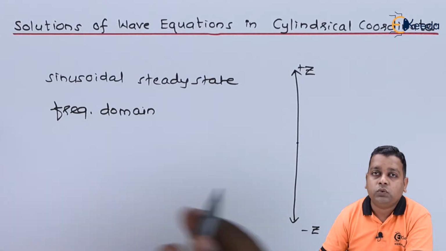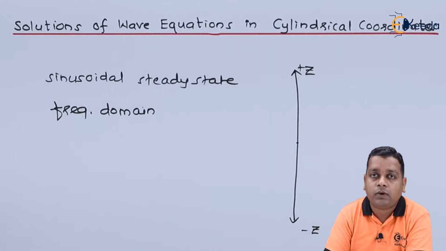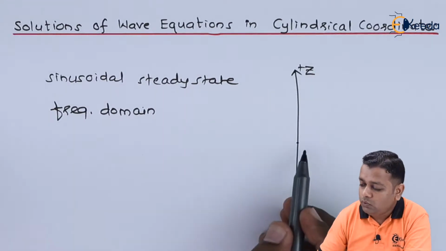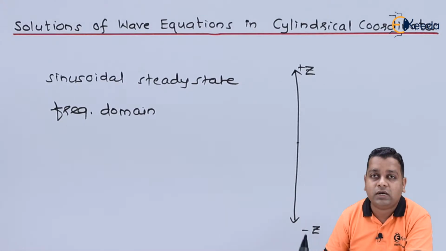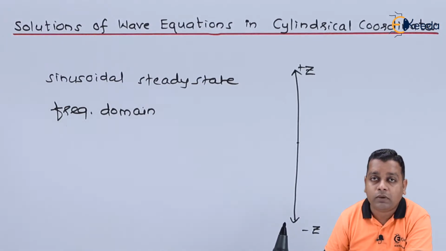If you have knowledge of the rectangular coordinate system, the origin, which is the midpoint of the positive and negative sides of the z axis, is basically the intersection point of the crossings of the x, y and z axes here.